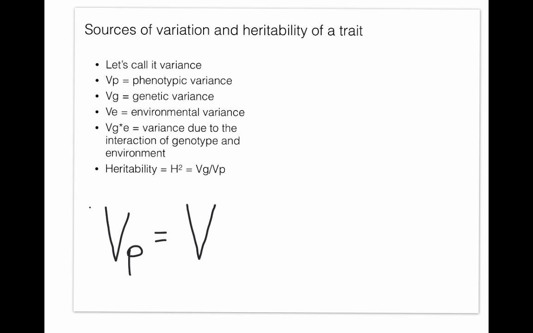We're going to call that variance G, for genetic or genotype, plus a variance due to the environment, which is going to be called VE. And then it has a variance due to the interaction of the genotype with the environment.